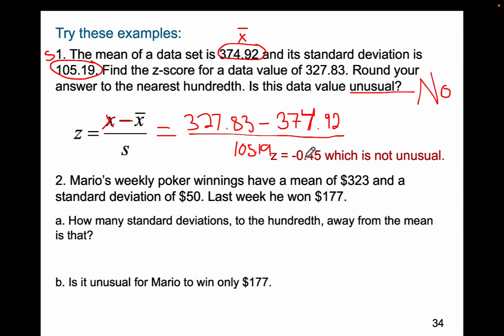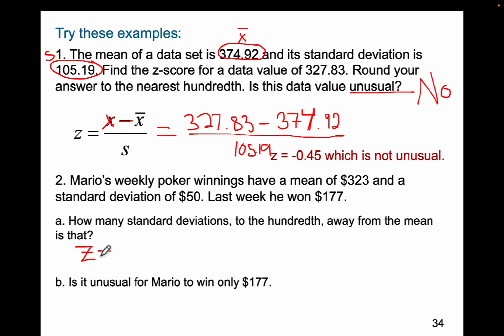Let's try another one. Mario's weekly poker winnings have a mean of $323 and a standard deviation of 50. Last week he won $177. A, how many standard deviations to the nearest hundredth away from the mean is that? That's the same thing as find the z-score.